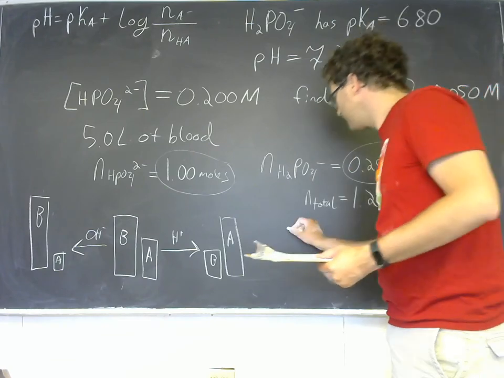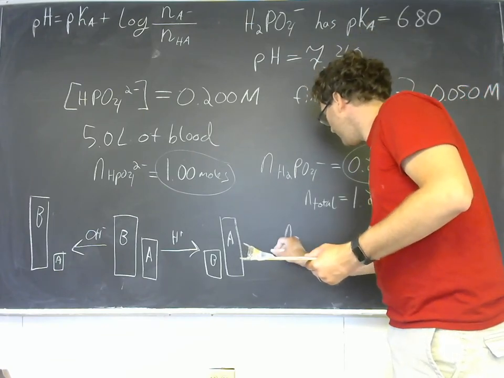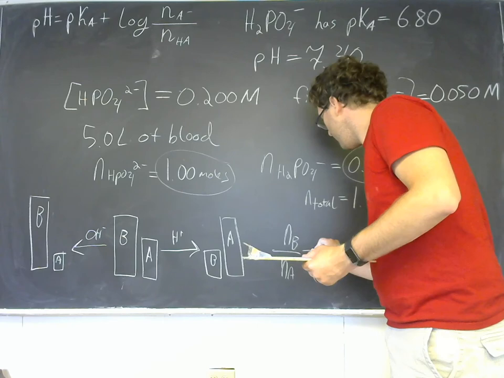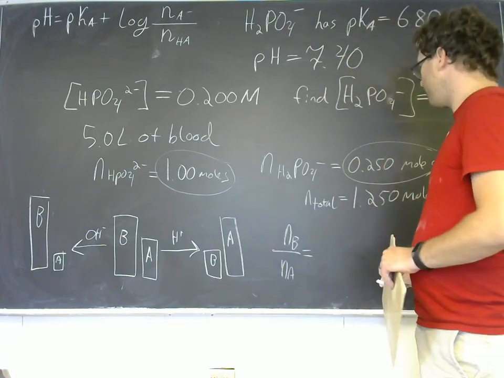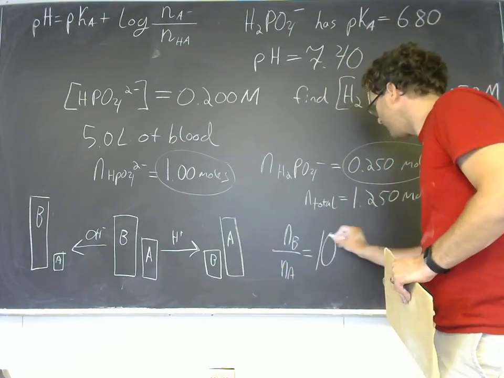And so let's just say that NB over NA is equal to 10, right?